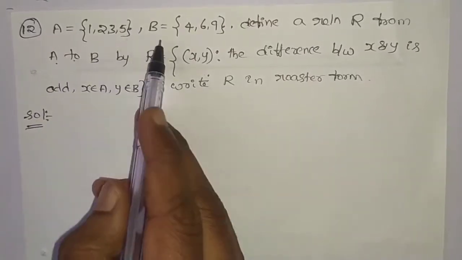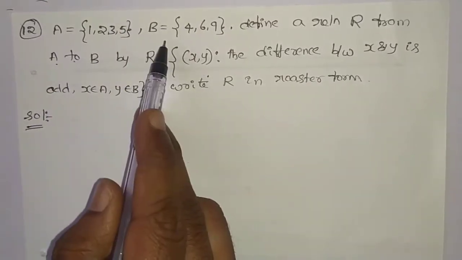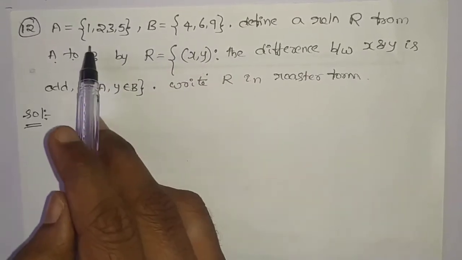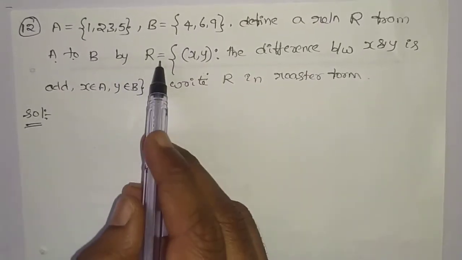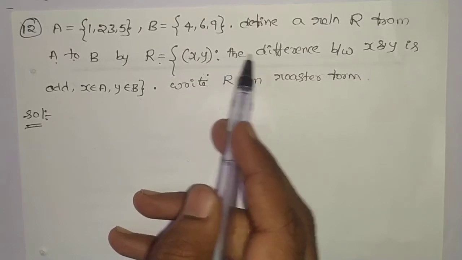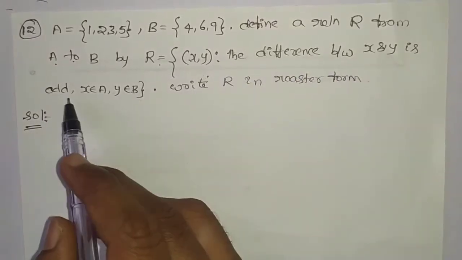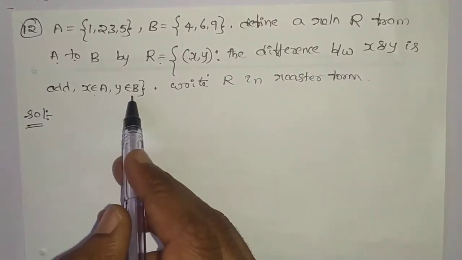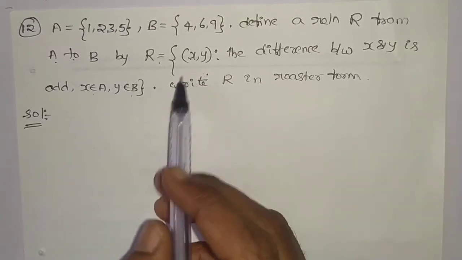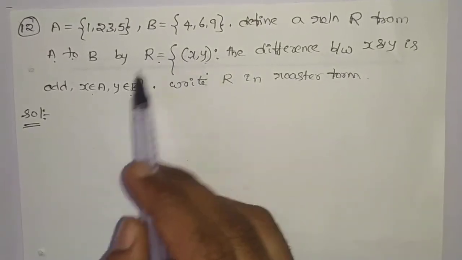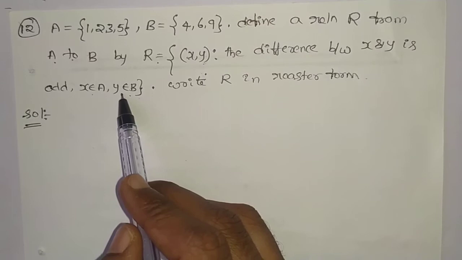Here he gave two sets, set A and set B. We have to define a relation from A to B by R equals (x, y) such that the difference between x and y is odd, x belongs to A, y belongs to B. We have to write this relation in roster form.